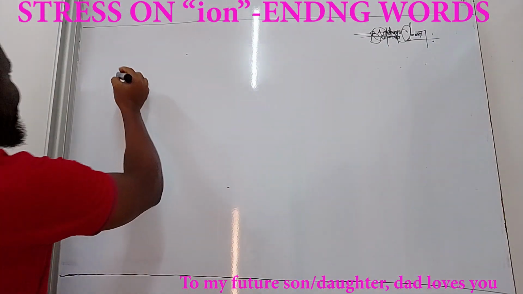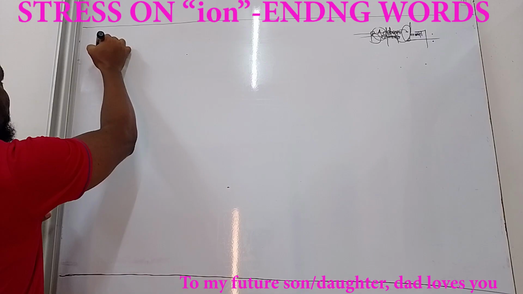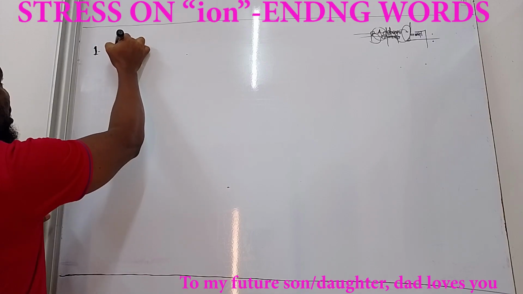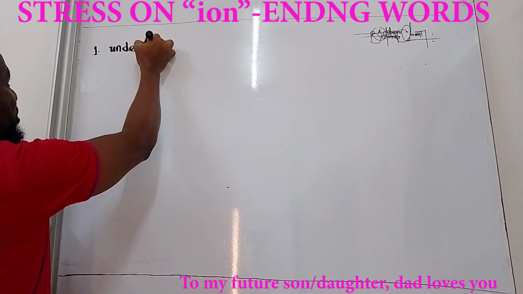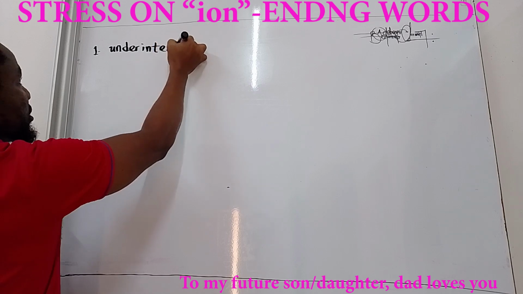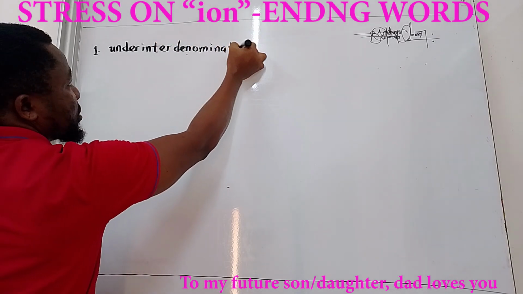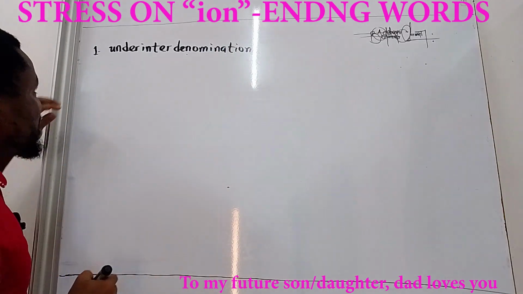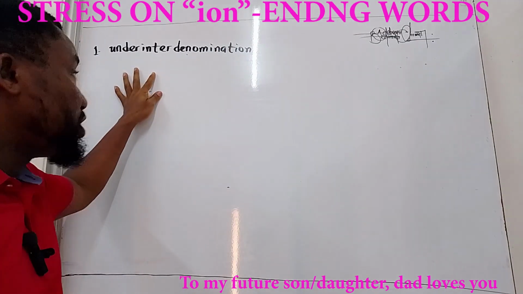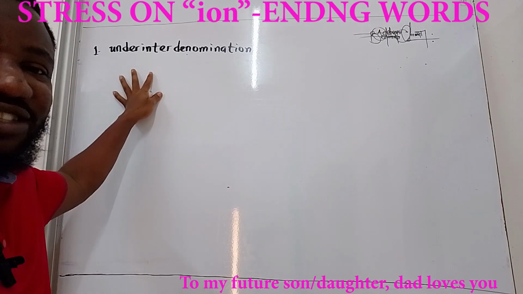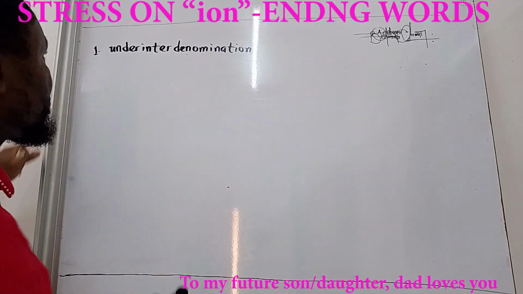The first word is interdenomination. Now, we have distractions in this word. Syllables that are distractive.